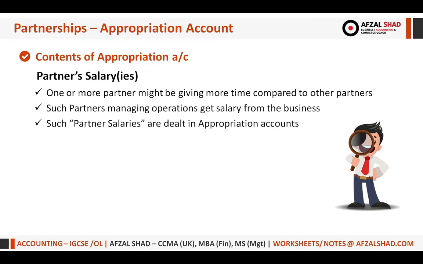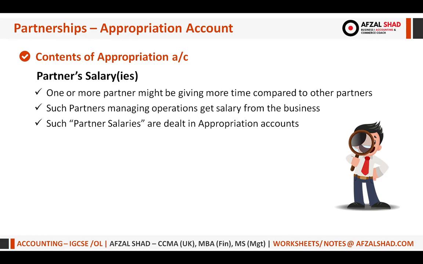But the salary which you are giving to your employees is dealt with in the income statement. You have already mentioned salaries and wages in the income statement of a sole trader, so you are going to mention that over there as well. But whenever you are talking about the salaries of the partners, as we said, the appropriation account is dealing with all of the things related to the partners only.